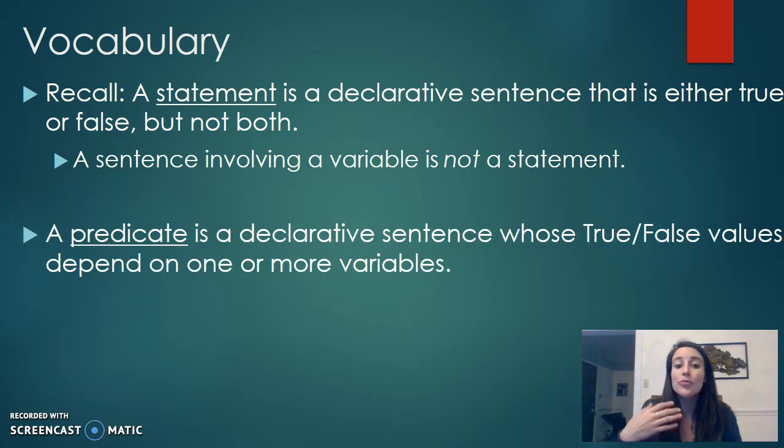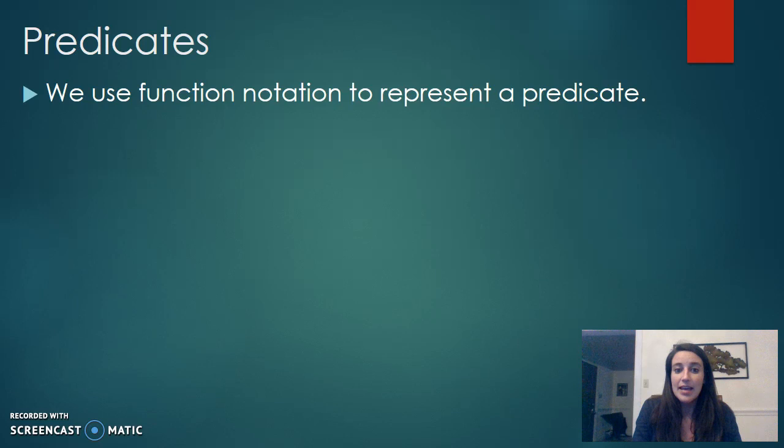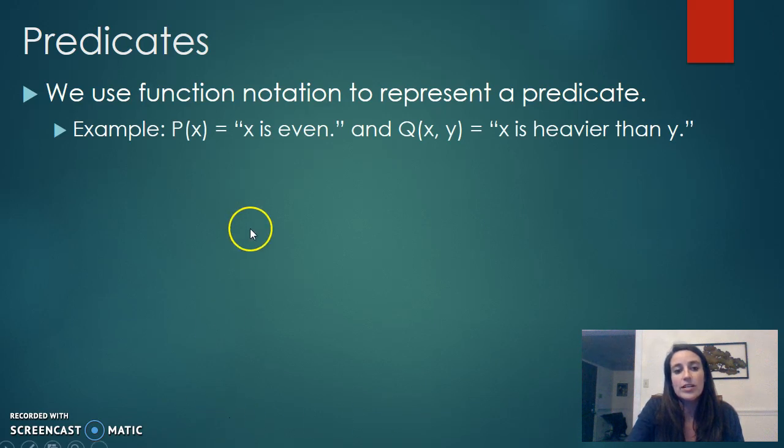So, a predicate is a declarative sentence whose true-false values depend on one or more variables. And we use function notation to represent a predicate. For example, we can define the predicate P of x by the sentence x is even.